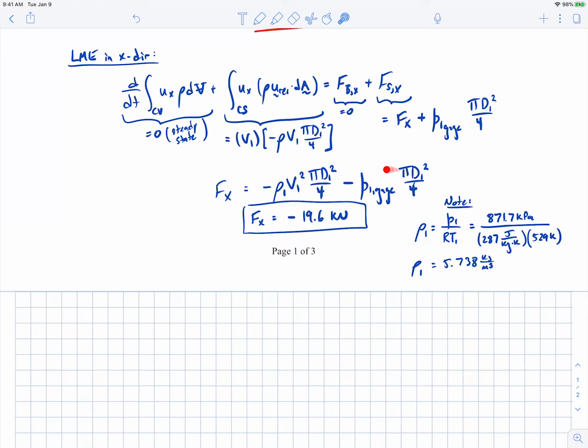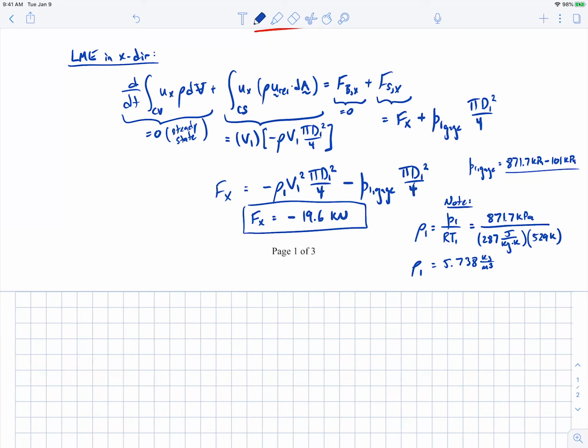So in writing this out, we know rho 1, we just calculated it. We know V1, that's given, D1 is given. P1 gauge would just be this 871.7. Let me actually write that one down too. P1 gauge will be the 871.7 kilopascals minus 101 kilopascals, because it's going to be the absolute pressure minus atmospheric pressure.